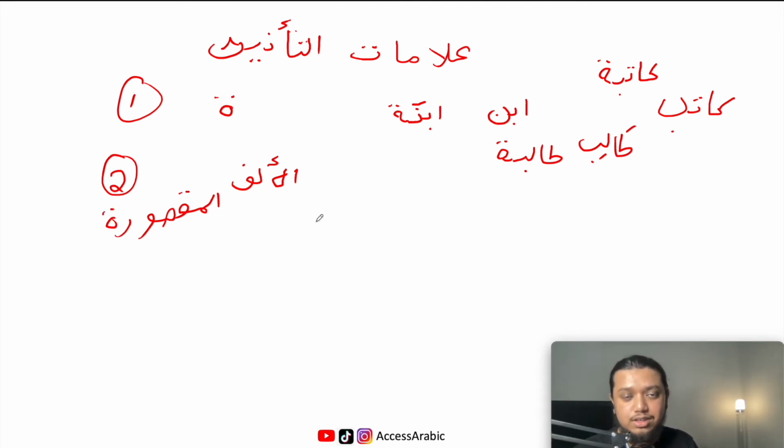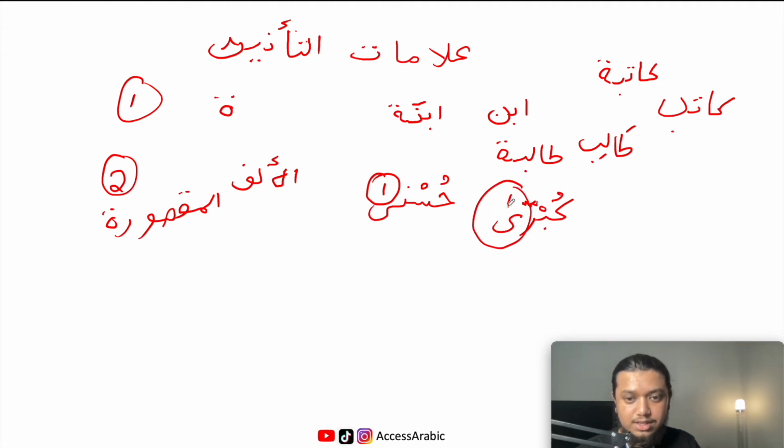Al-alif al-maqsura is the elongated alif, such as husna, this elongated alif that we see on words husna, or kubra. As you can see, it's usually sat on this little ya as well. This extended alif is another sign of femininity. Husna, kubra, many words like this.